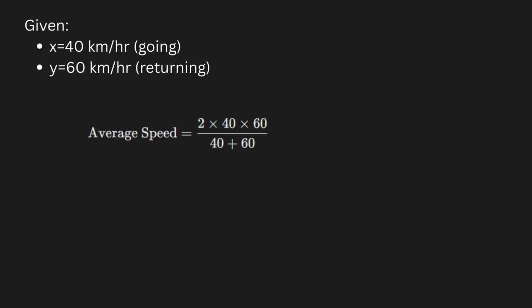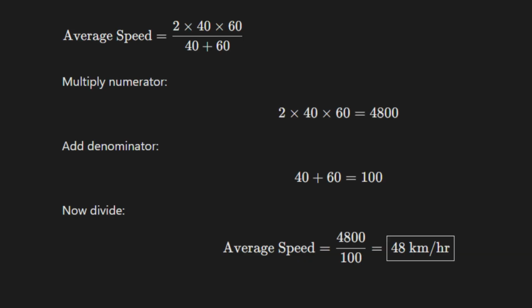If we substitute in our average speed formula, we will get an output of 2 into 40 into 60 by 40 plus 60. If we multiply the numerator, we got 4800, and if we add the denominator, we got 100. So let's divide it. If we cancel out all the zeros, we got 48 kilometers per hour.